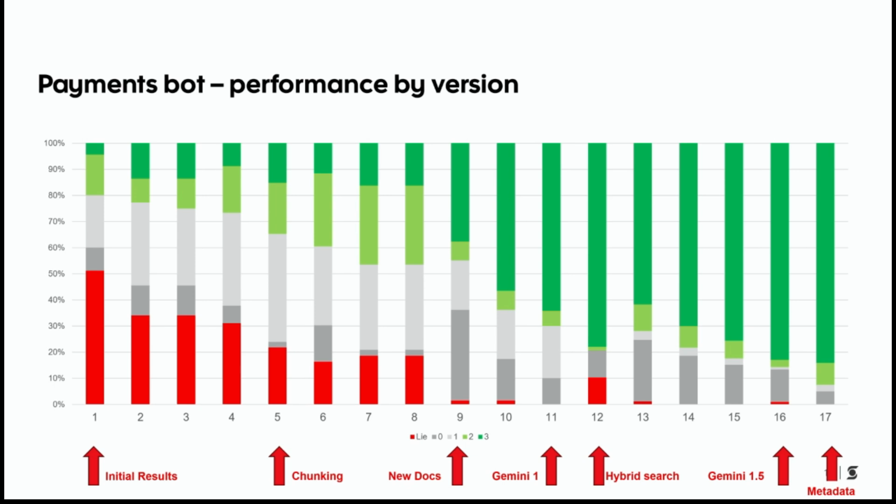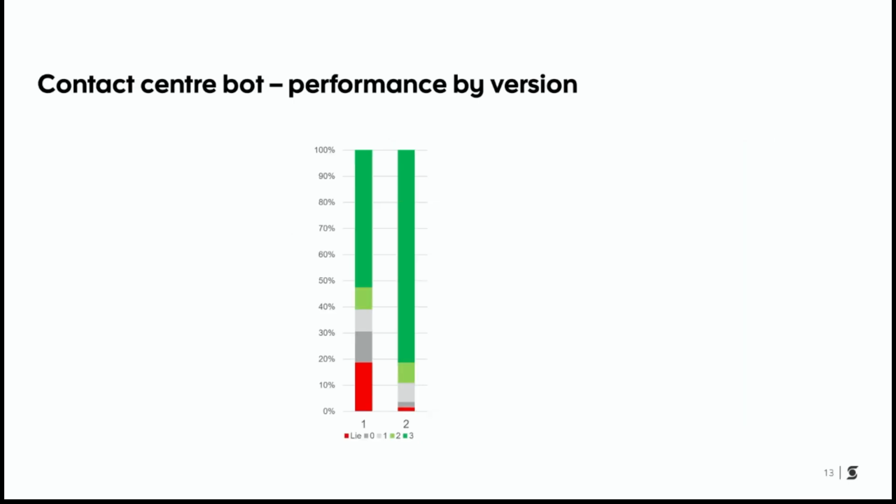Now, on the positive side, this is the second bot we built. This one is for the contact center. So this one is for the contact center advisors to use while they are on the phone with a customer. You can see the very first iteration had over 60% good quality answers.